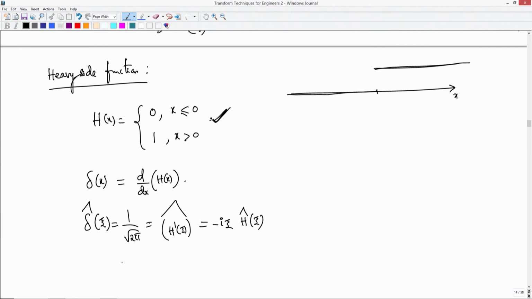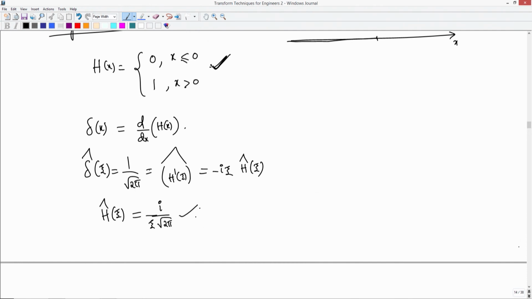So, if you do this, you see that the Fourier transform of the Heaviside function is 1 by root 2 pi divided by i xi. We will see exactly how it is.